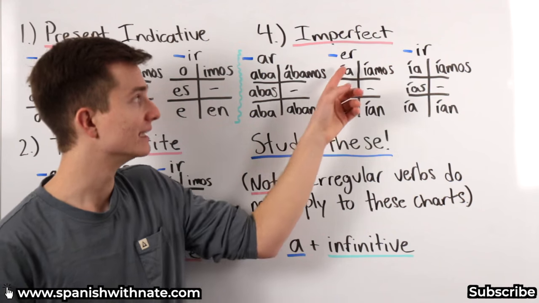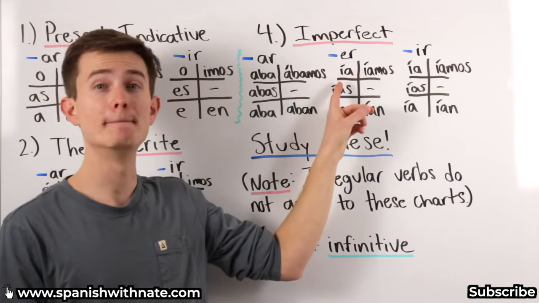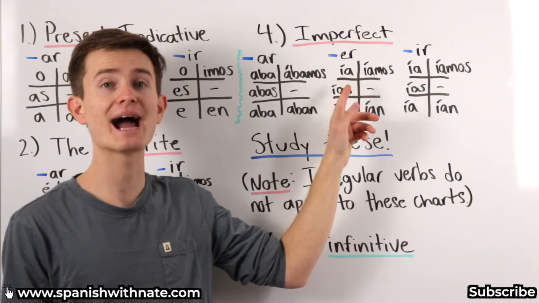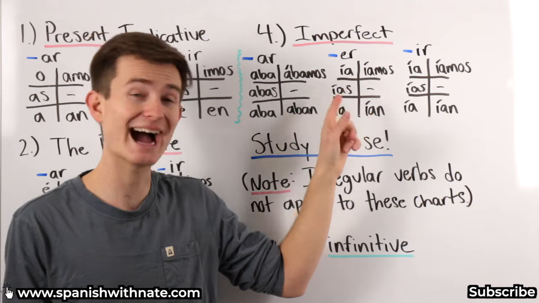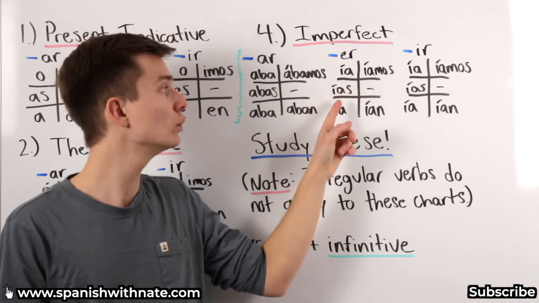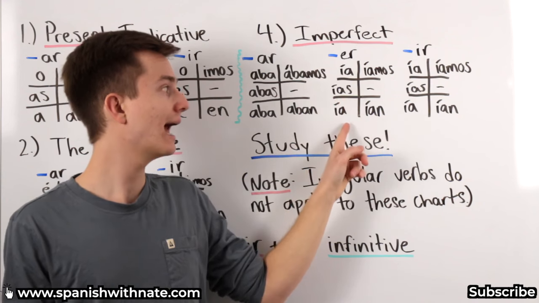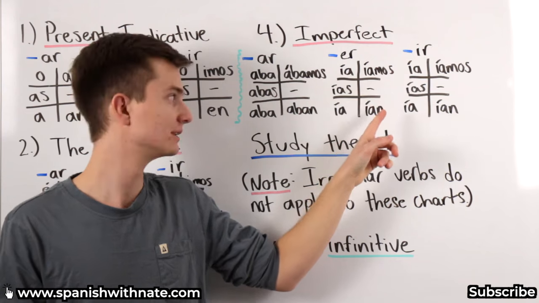Next, ER. Beber, to drink. Yo bebía. It's not bebia, it's bebía, which is why we have the accent on the I. Yo bebía. Tú bebías. Ella bebía. Nosotros bebíamos.